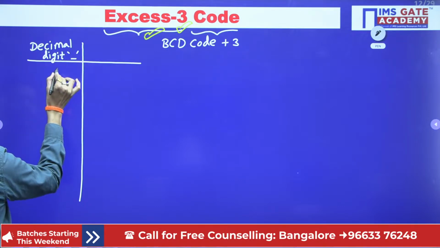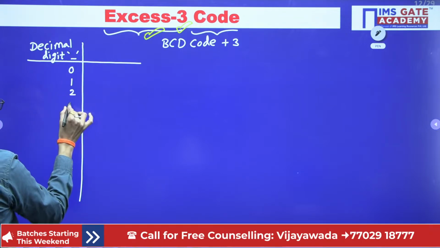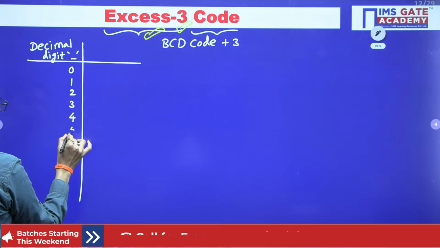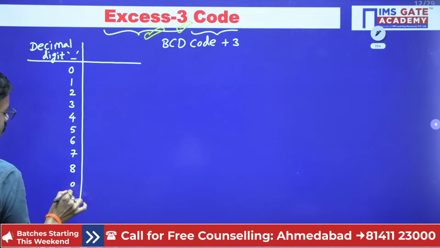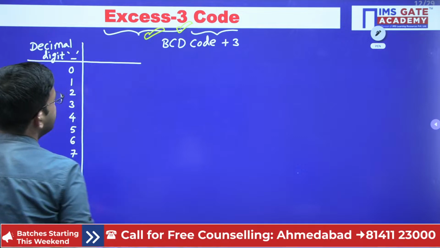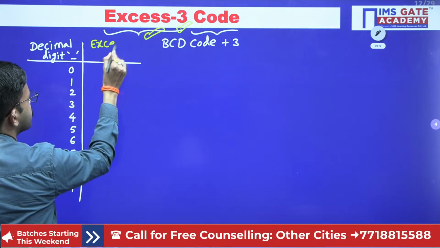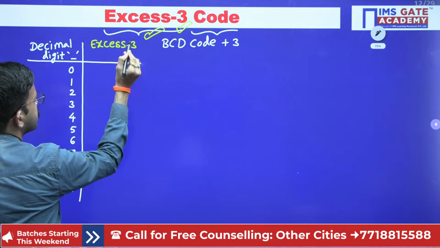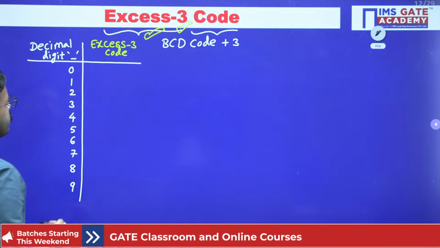So here first column same, decimal digits only. If you are having a single decimal digit, you will get 10 possible values. Now, here we are writing corresponding XS3. It is very simple.